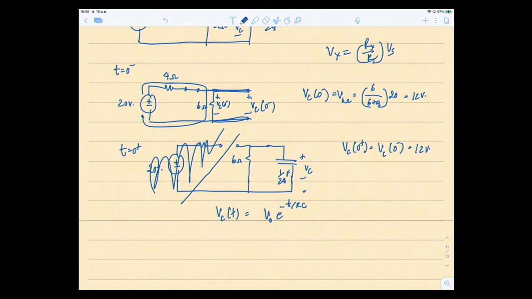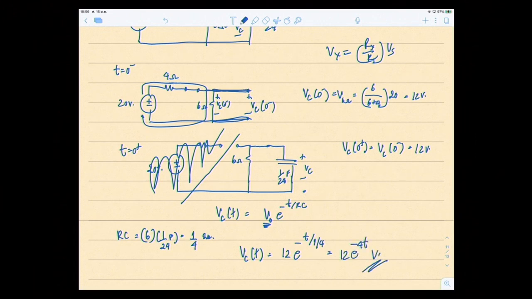Your RC is equal to, well, there's only one resistor, which is 6 ohms, times C, 1 over 24 farad. So the answer is 1 over 4 second. So VC of t is equal to V naught, the initial value, so 12 e to the minus t over 1 over 4, equal to 12 e to the minus 4t volt. So this is the answer.